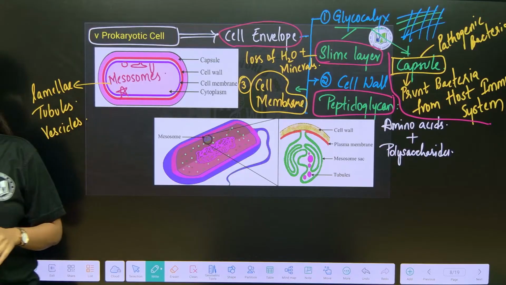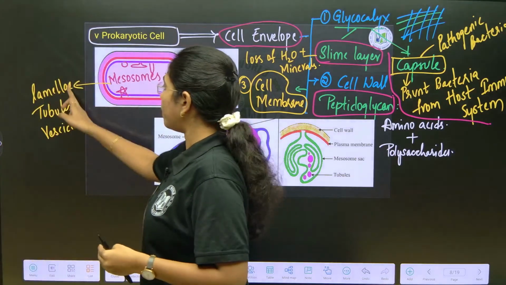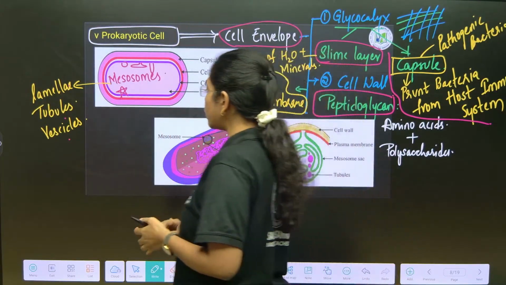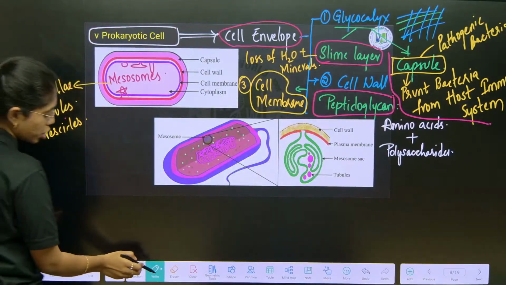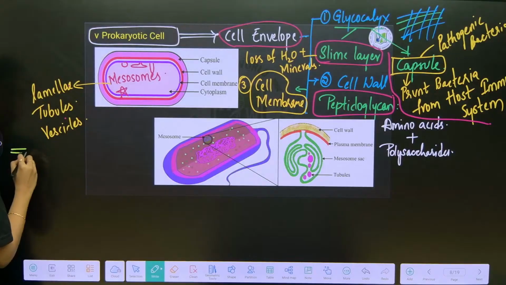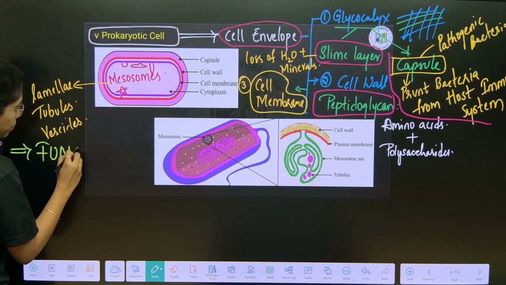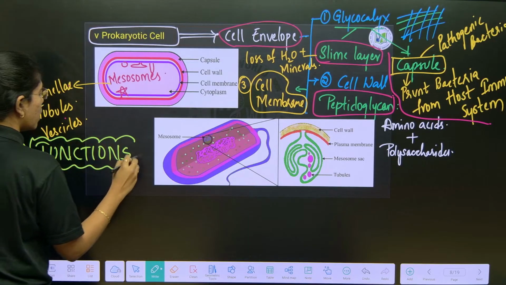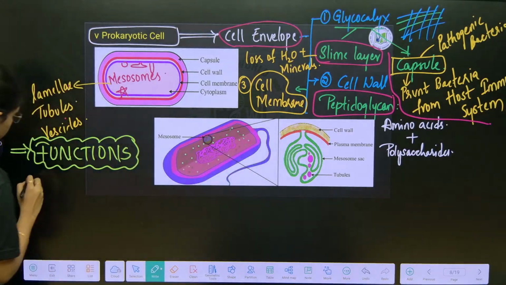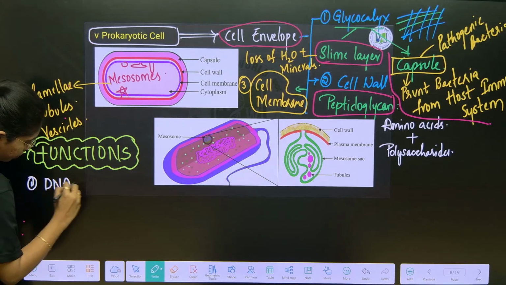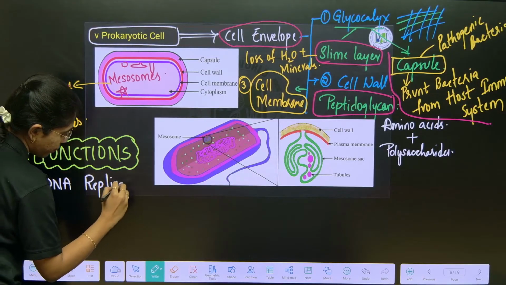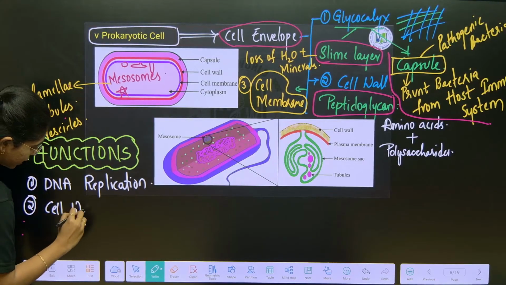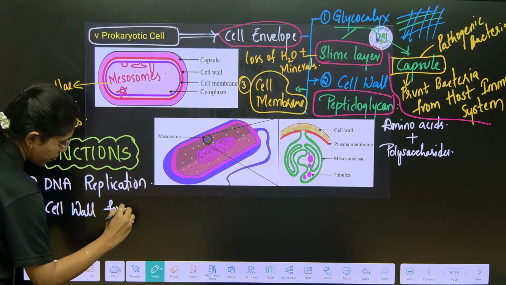These mesosomes can exist in the form of lamellae, tubules or vesicles. Now, what is important? Functions of mesosomes are highly important. What are the functions of mesosomes? First and foremost function is DNA replication or duplication. Second is cell wall formation of bacteria.